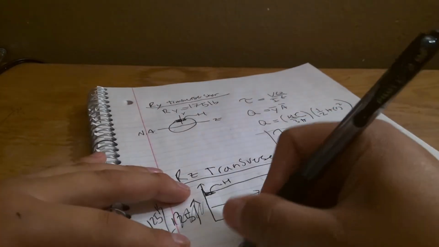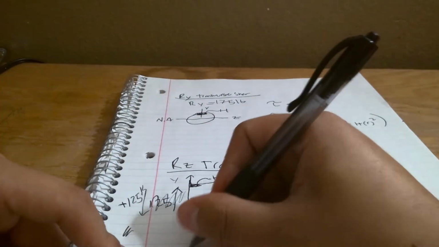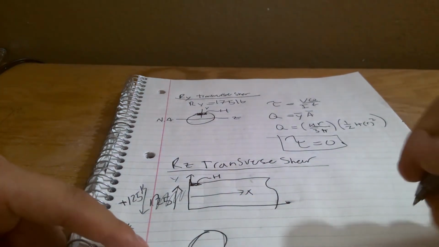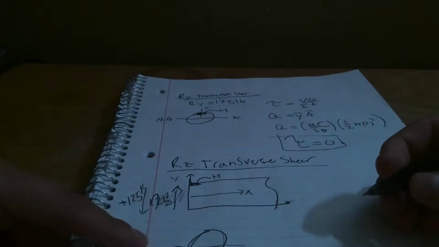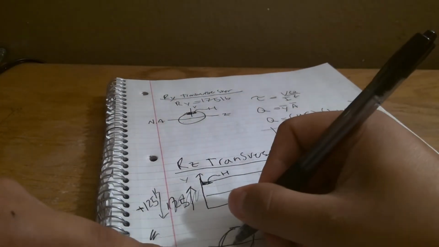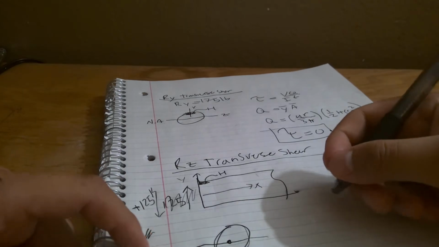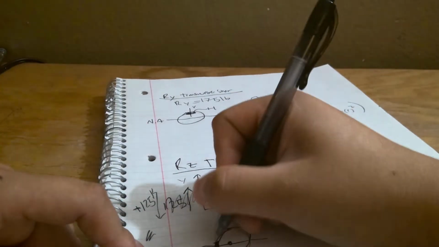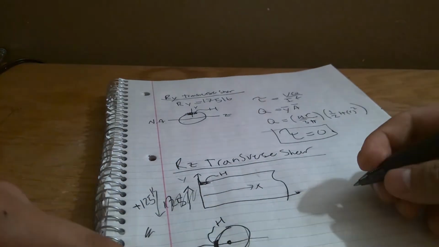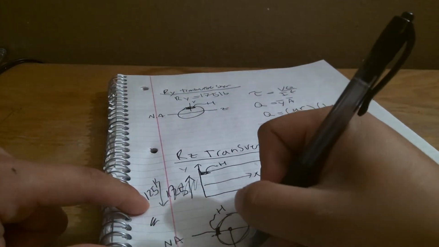And then we make the cross section. My pen's dying there, sorry. Then we draw our neutral axis. And here we have point H. And then this should be 125 right here.